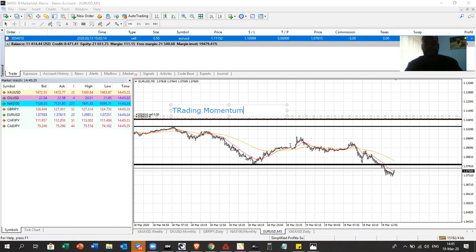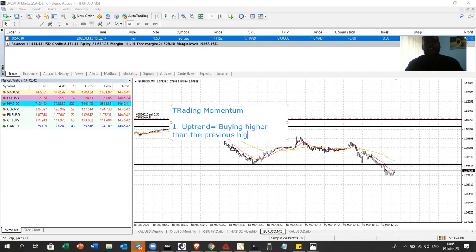In an uptrend, we're buying higher than the previous high. I know it might sound opposite to what people have heard. However, this is what pays, yo. This is what pays. I'm just sharing.